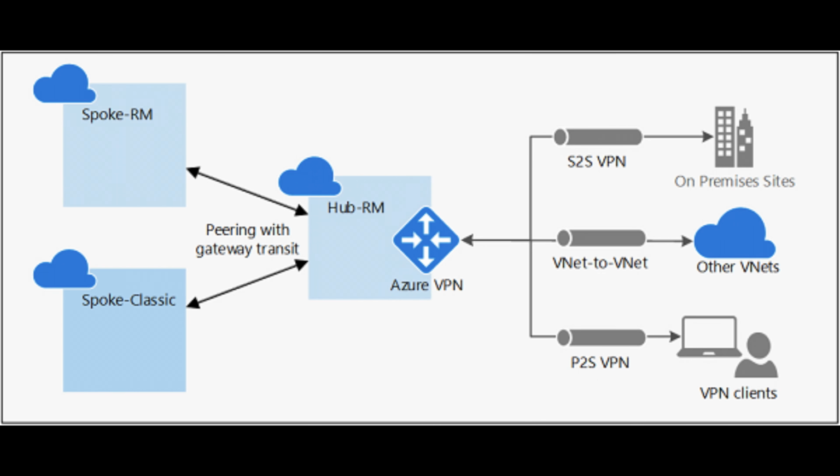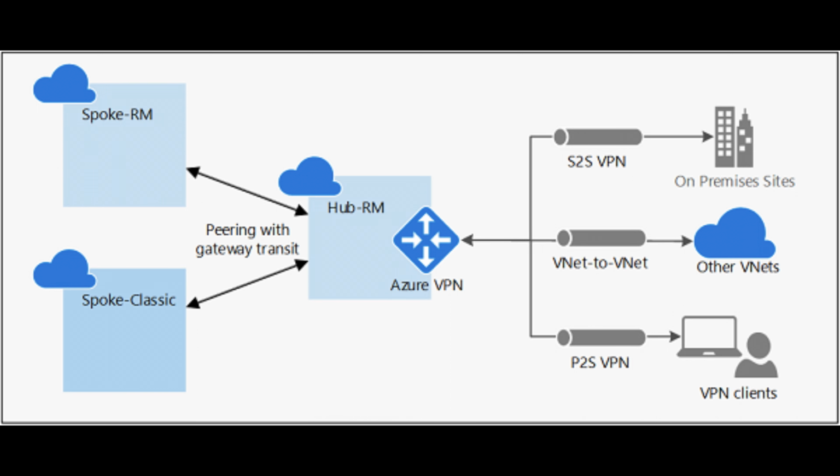Next is Azure VPN Gateway. In this diagram, you can see that your virtual network is connected with the on-premises site, which is site to site, and you can see another connection from your virtual network through the Azure VPN Gateway to other VNets, which is network to network. And second is point to site.